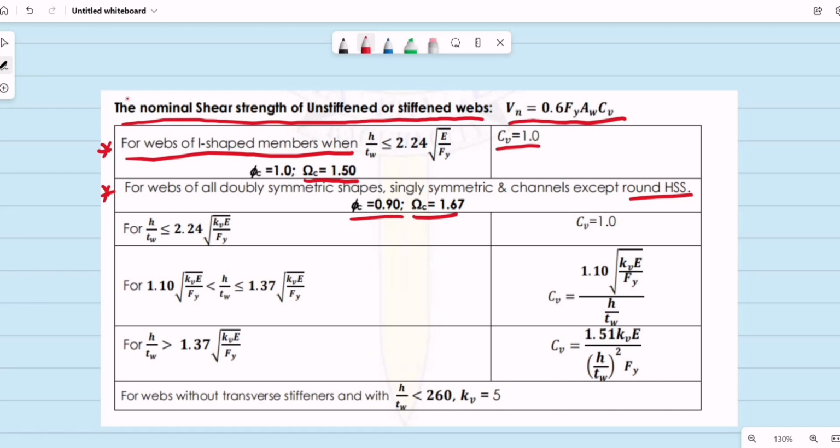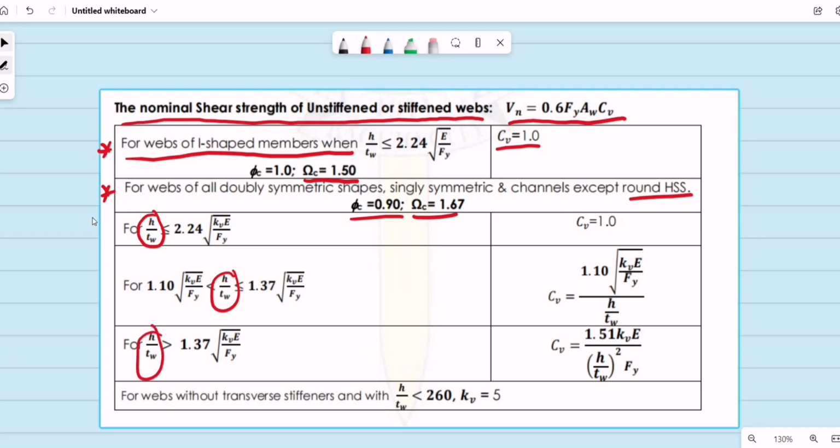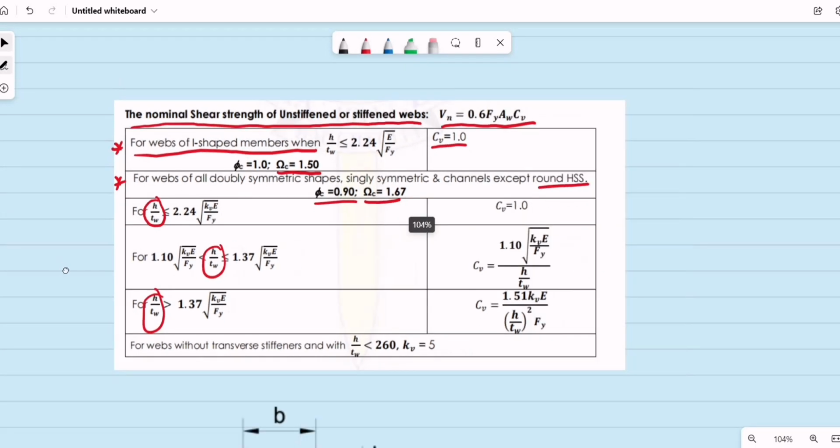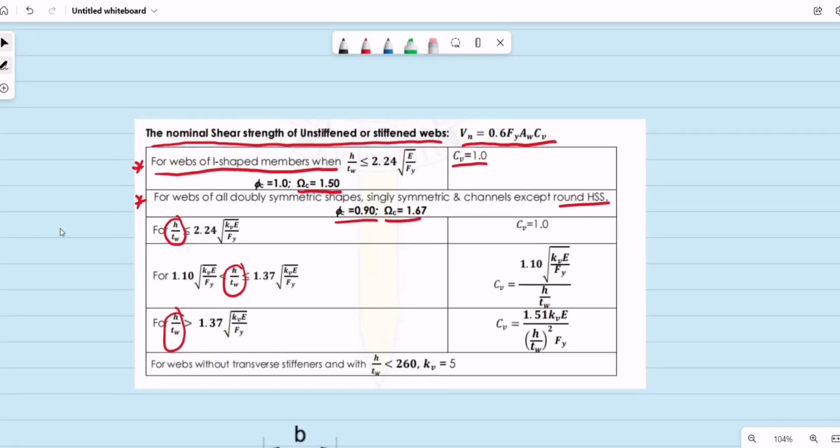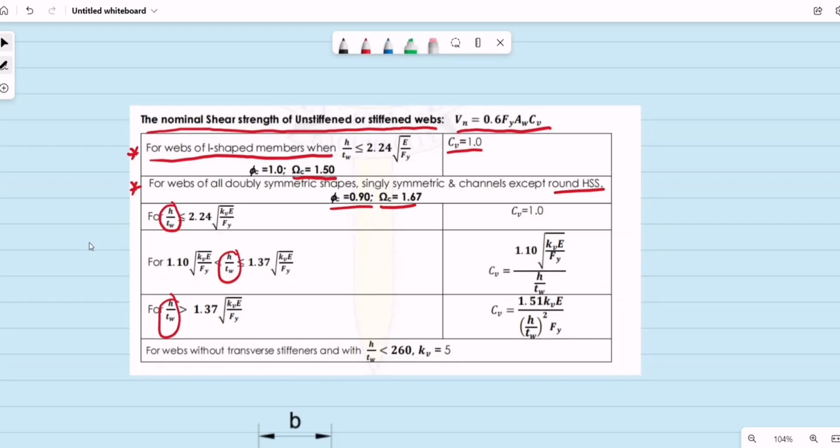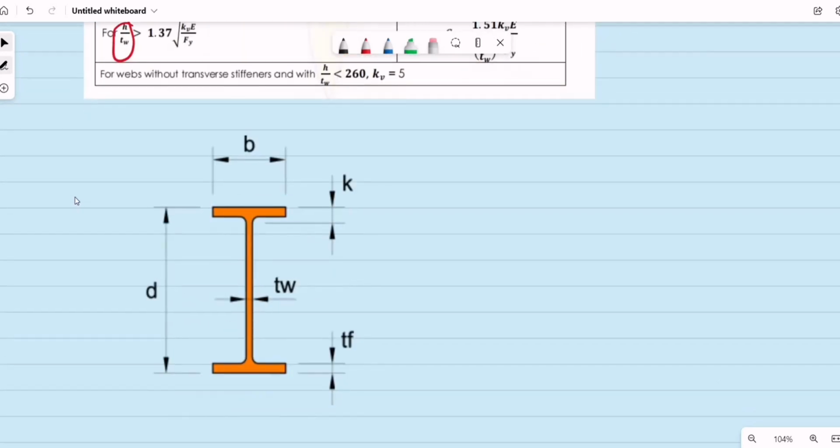So all we have to do is compare the value of the slenderness ratio to these values for every case. This table gives us the summary or guidelines on how to compute the nominal shear strength of unstiffened or stiffened webs.